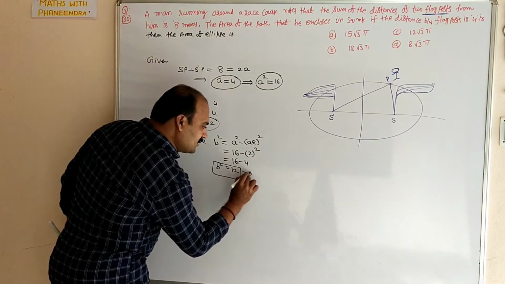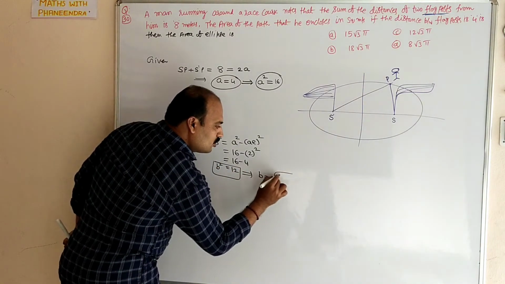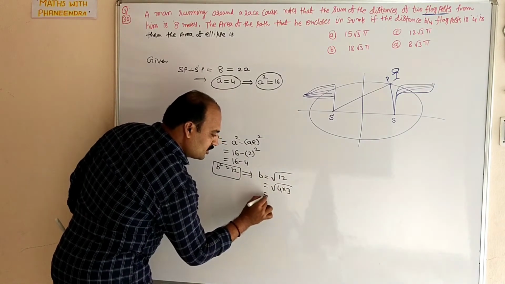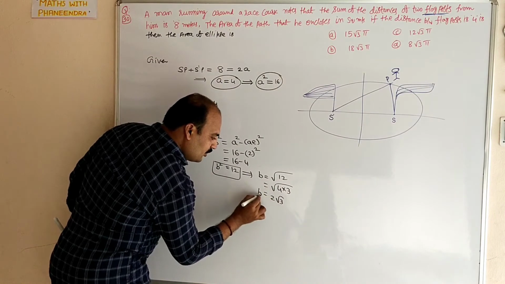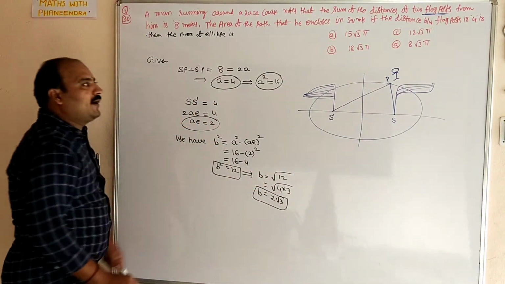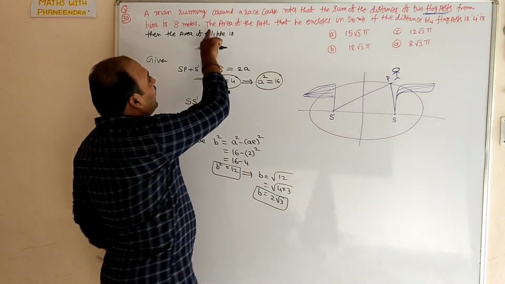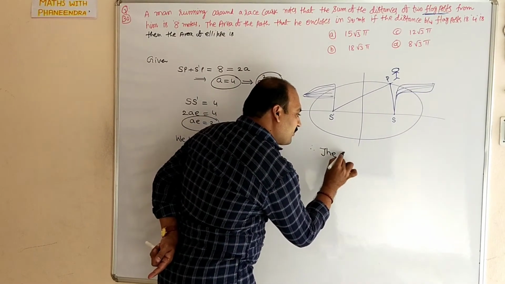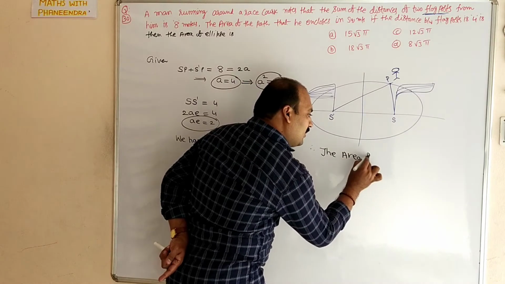So B is equal to root 12. Root 12 means root of 4 into 3. 4 we can take outside, 2 root 3. So B value is 2 root 3 and A value is 4. They are asking the area itself. Therefore the area of the ellipse.